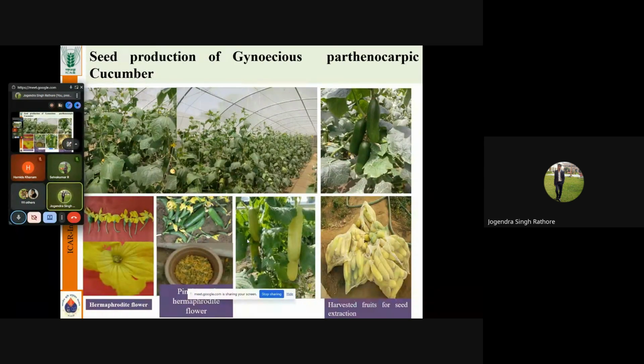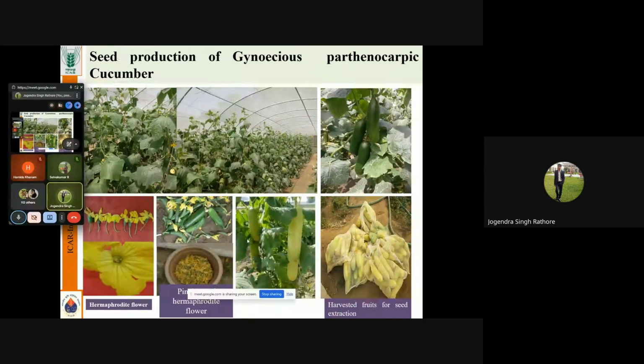This is the pictorial representation of seed production of gynoecious parthenocarpic cucumbers. We already know what gynoecious parthenocarpic cucumber is: gynoecious in sex form and parthenocarpic in nature, so it does not produce seed in fruits.